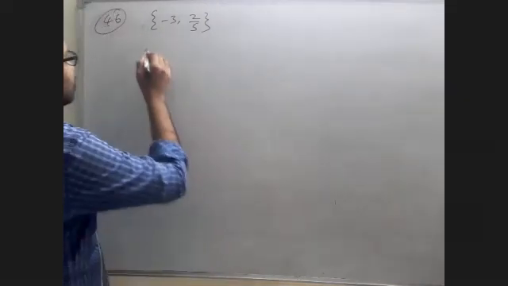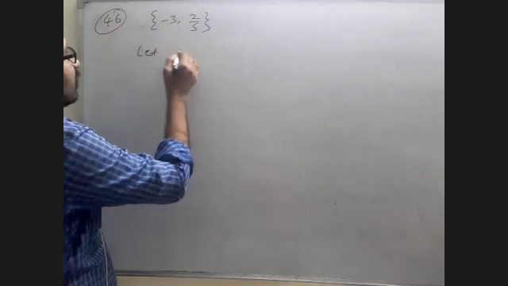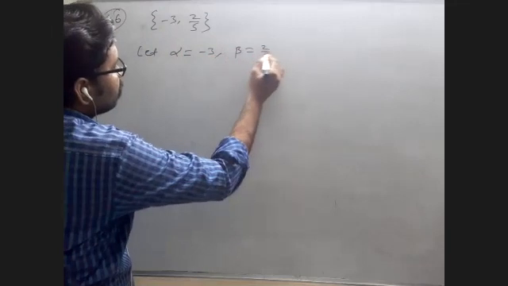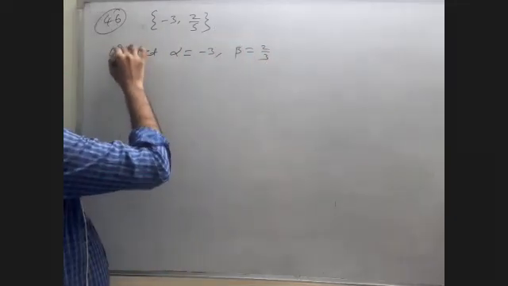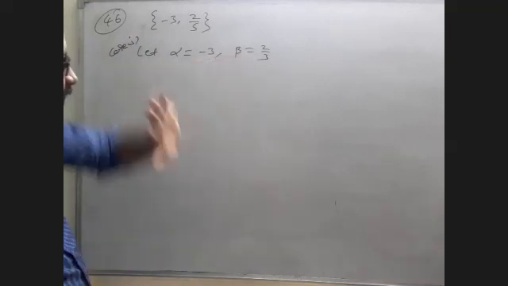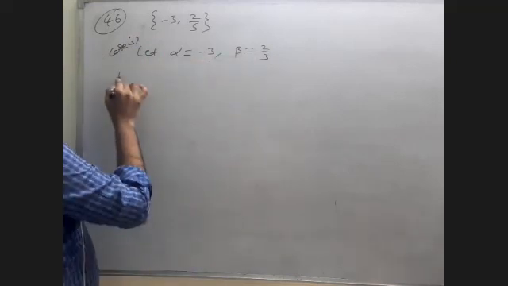Let alpha be equal to minus 3 and beta equal to 2 by 3. I am telling about case number 1. Let alpha be this, beta be this.